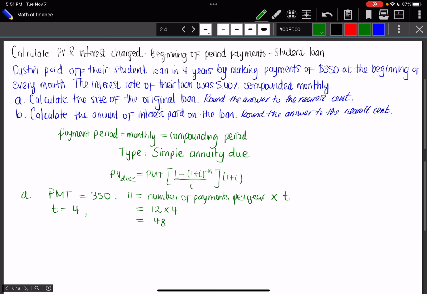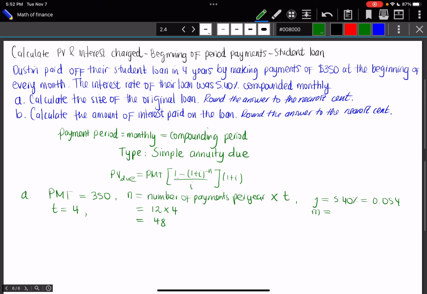Next, to find I, the periodic interest rate, we use the nominal interest rate, that's 5.40%, or 0.054 if we look at the decimal version of 5.40%. And we look at the compounding frequency.